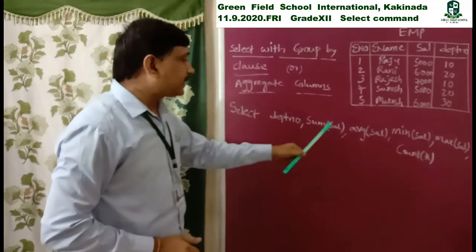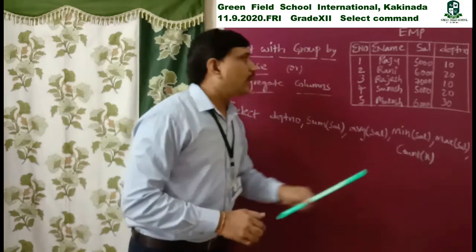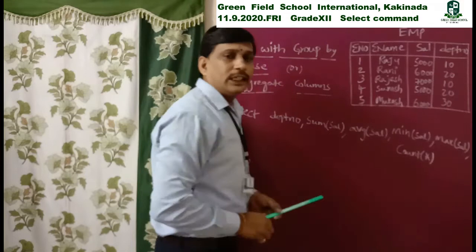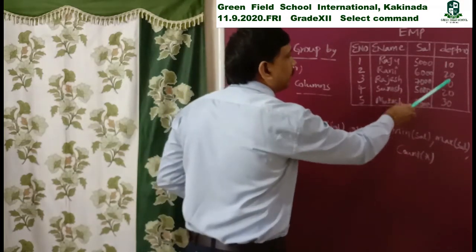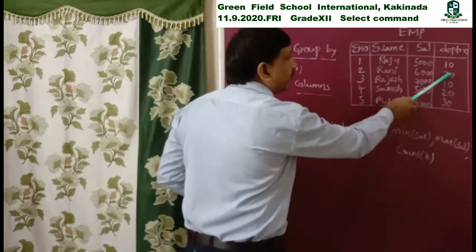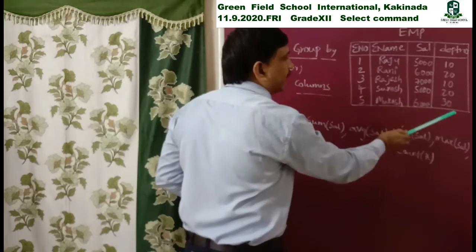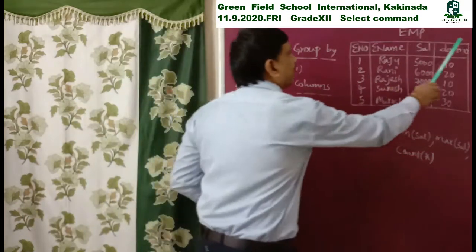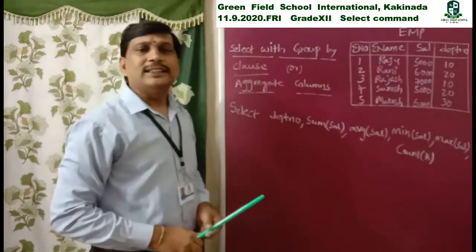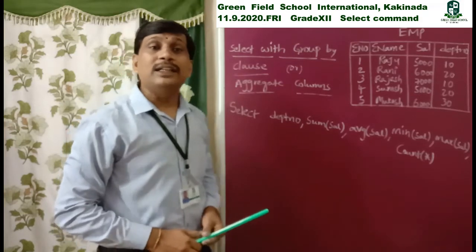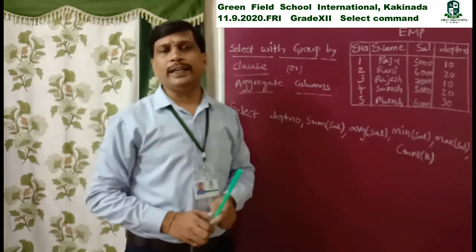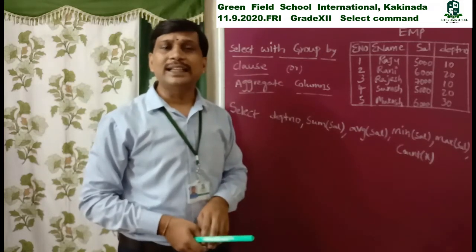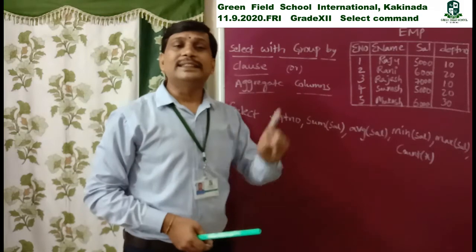Why am I taking sal every time here? Department 10 has 2 employees, department 20 has 2 employees, and the 30th department has 1 employee. I divide this entire table. Up to now we consider this entire table as one single unit.